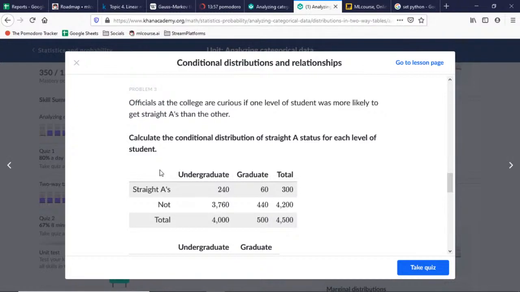Officials at the college are curious if one level of student was more likely to get straight A's. That's the condition.